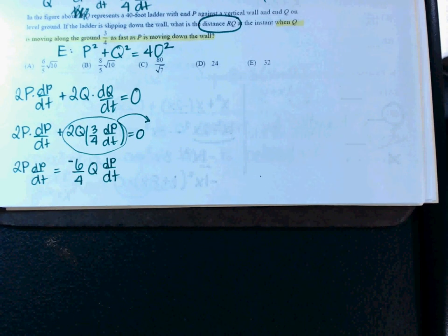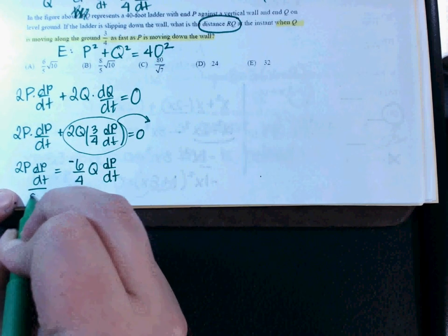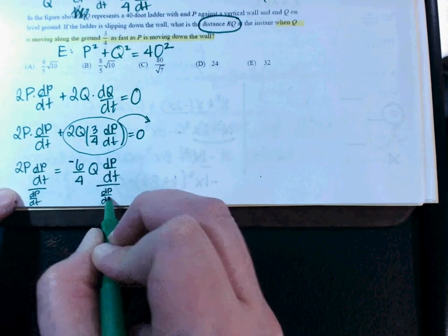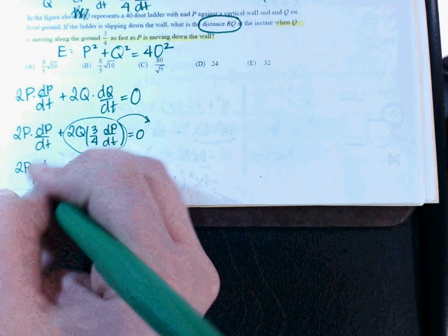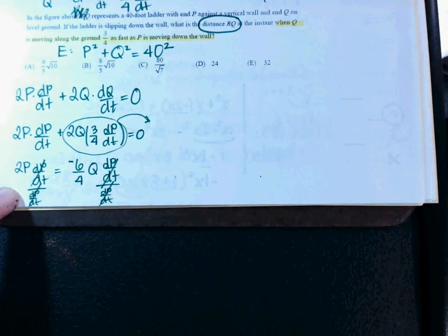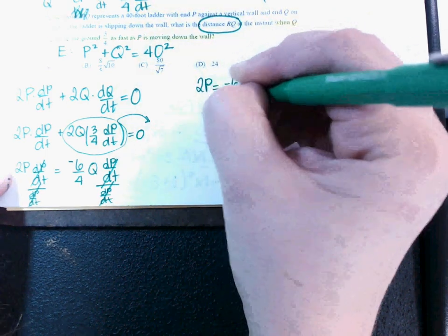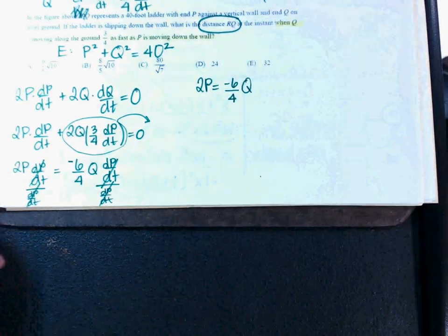What do both of them have? A dp/dt. And if they both have a dp/dt, then can I cancel it out? Yeah, because I'm going to divide by dp/dt on both sides, right? And now they're gone. So now my equation looks a lot neater. So I have 2p equals negative 6 over 4 q.